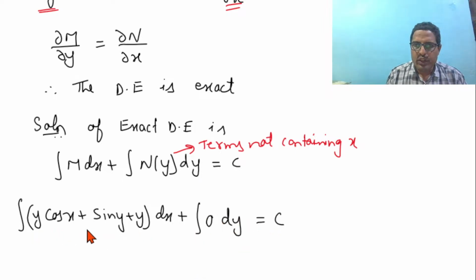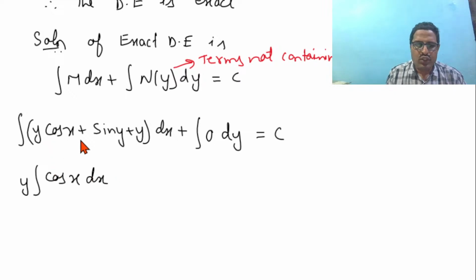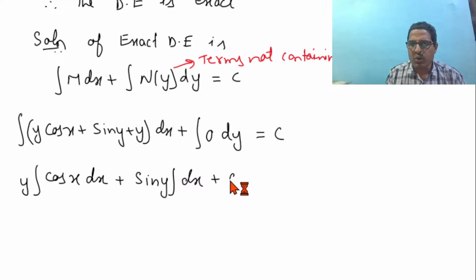We need to just integrate the first term. So y is a constant; I will write y outside, and the integral of cos x dx, because I have to integrate only with respect to x. So integration of cos x dx, plus, again sin y is a constant, I will write it outside, and it is only the integral of dx, plus the integral of 0 is 0 itself, is equal to c.